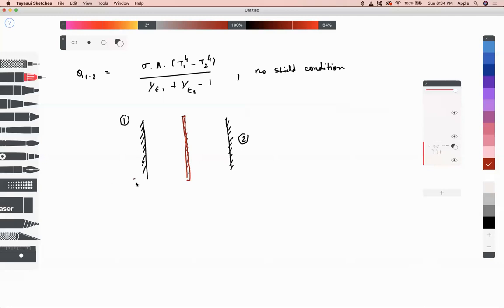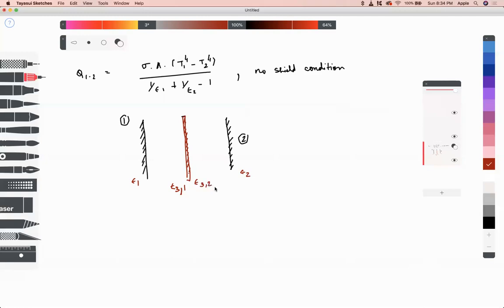Let's say this is epsilon 1, this is epsilon 2, and the emissivity on this surface, let us represent it by epsilon 3,1. That means emissivity of surface 3 with respect to surface 1, and on this side it's emissivity of surface 3 with respect to surface 2.